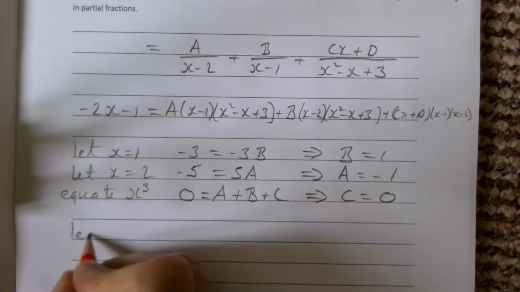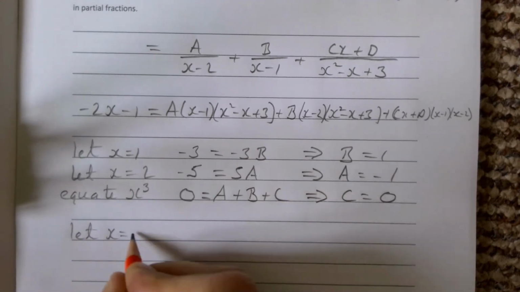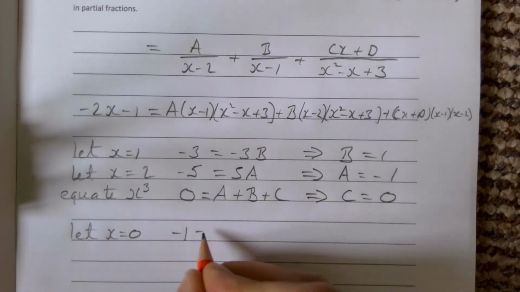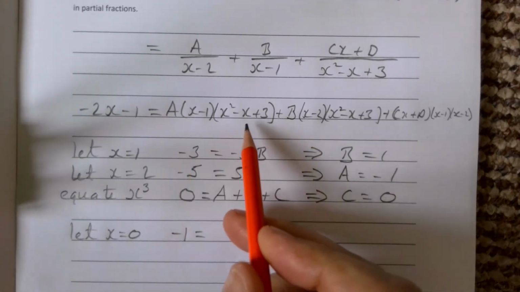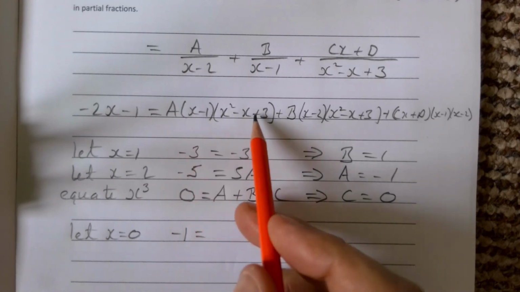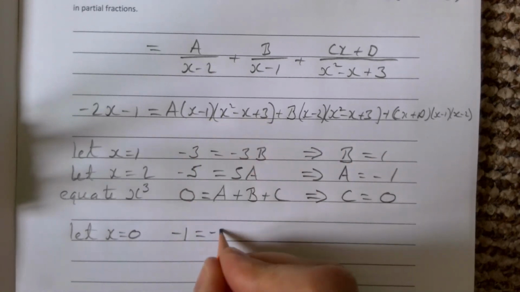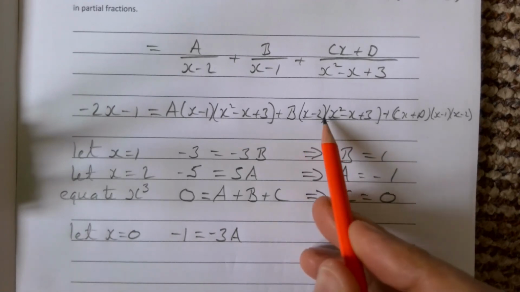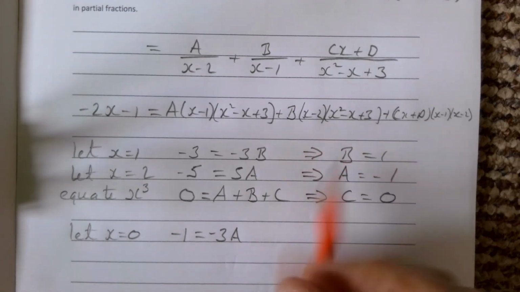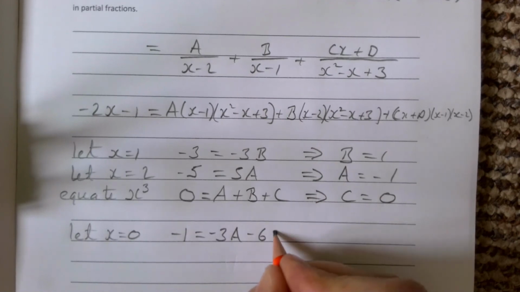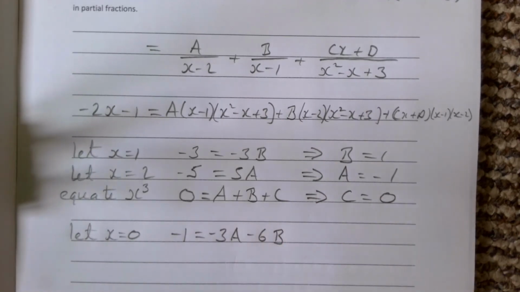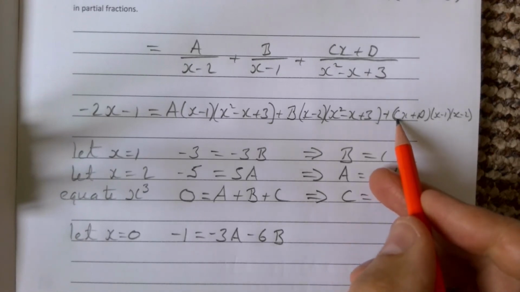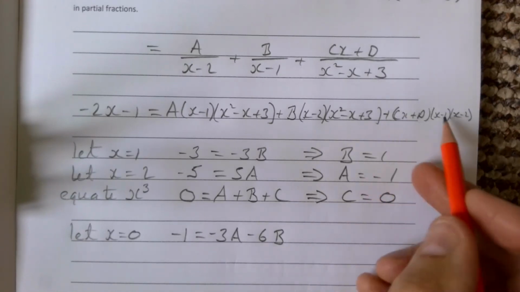And the last thing we're going to do is let x equal to 0. That means minus 1 is going to equal, right, if that's 0, that's minus 1 times 3, so that's minus 3A. If I let it equal to 0, 0, 0, minus 2, minus 6B. If I let x equal to 0 here, actually the C bit is going to disappear. So that's a 0 there, that's a 0 there.